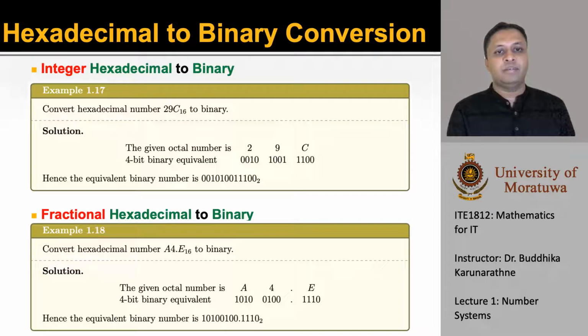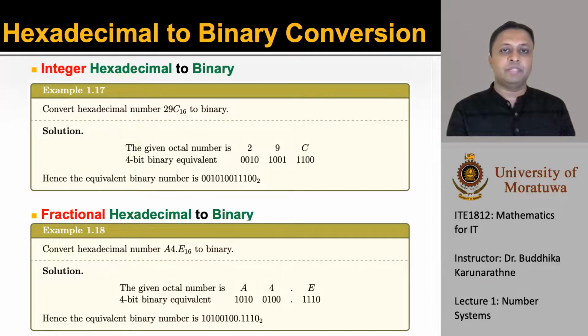You write the hexadecimal number 29C, and then what you do is you write the equivalent binary representation in 4 bits or 4 digits. So C represents 12. But how do you represent 12 in 4-digit binary? It is 1100.